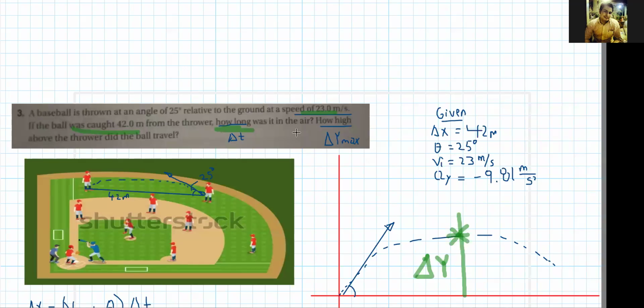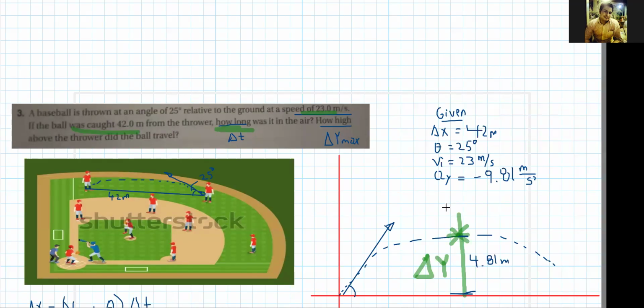The second question is how high above the thrower did the ball travel? Remember that you have an angle of 25, so the distance from this position until this position is 4.81 or 82, I don't remember. 4.81 meters, okay? This is the situation that we have in the exercise.